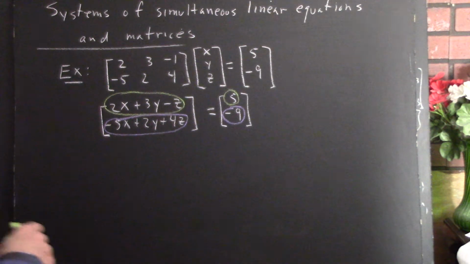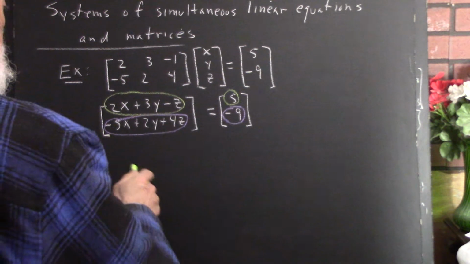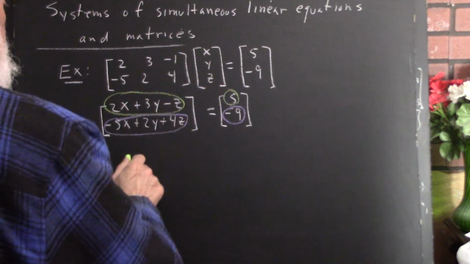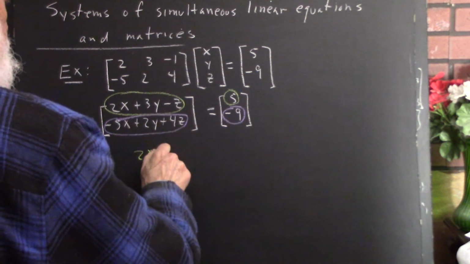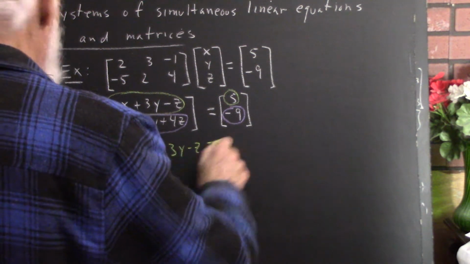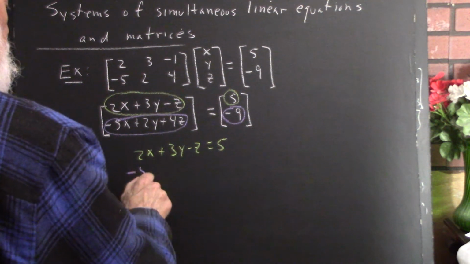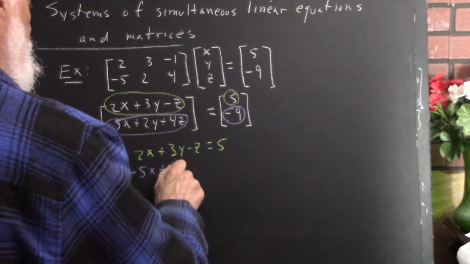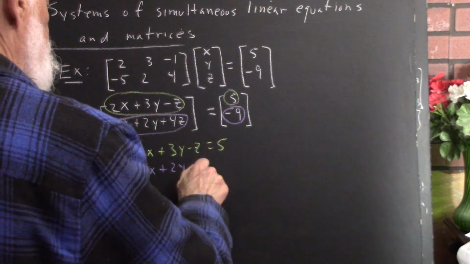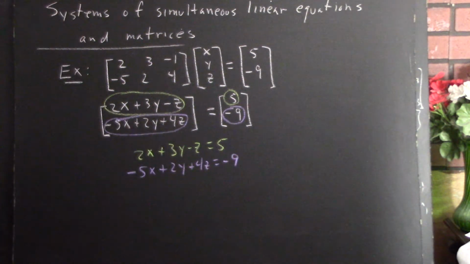So now we have 2 simultaneous equations. This has to equal this, so we can write out 2x plus 3y minus z equals 5, and negative 5x plus 2y plus 4z equals negative 9.